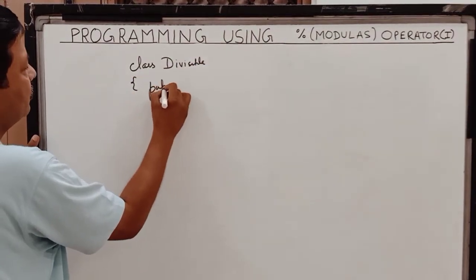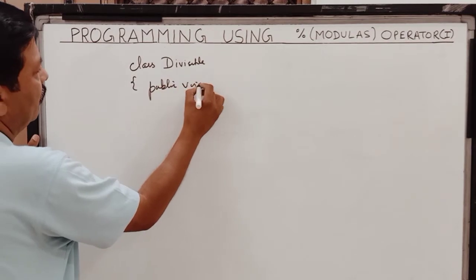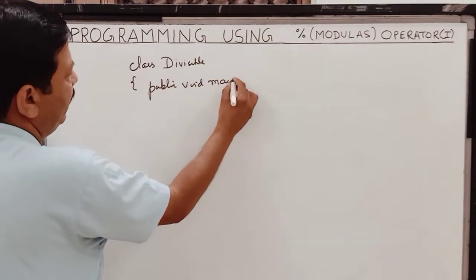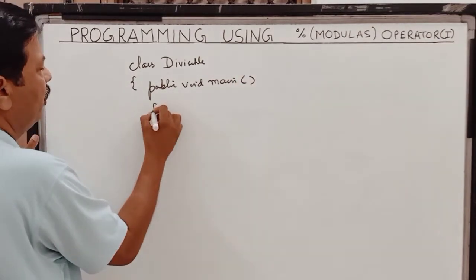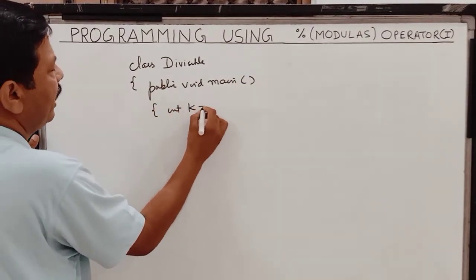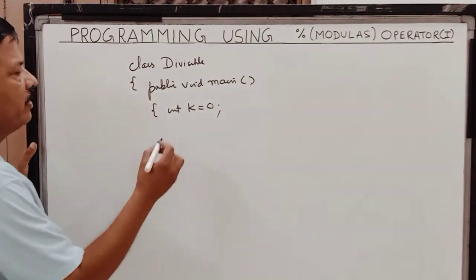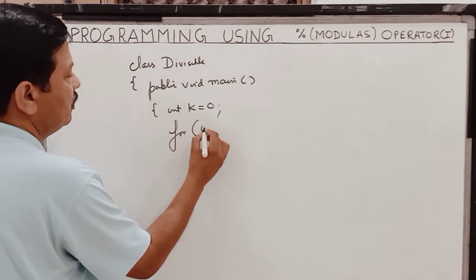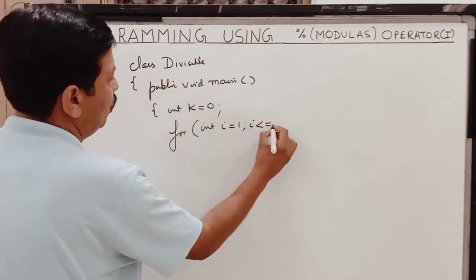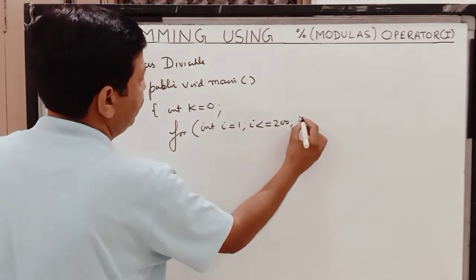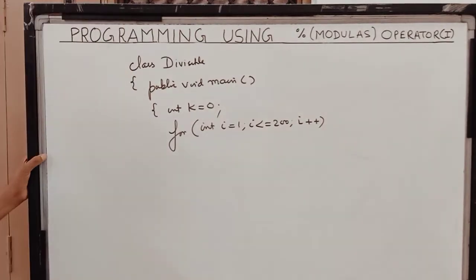Now public void main, I don't have to enter anything, so it is left as blank. Now children, I am taking one variable k as 0. This I will just let you know what this means. Now children, I am running my loop 1 to 200. So my numbers will get generated in I from 1 to 200.